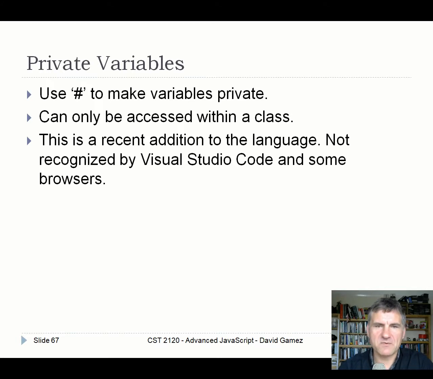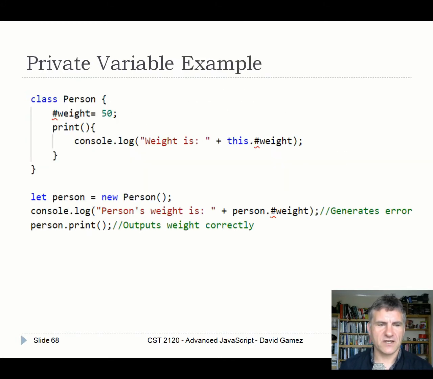Some browsers probably won't work with it, but modern Chrome, 72 onwards I think it is, works fine with it. So just to show you, here we've got a class person. I'm using the hash here for weight to show that weight is a private variable. So if I do console.log person.#weight, it generates an error.